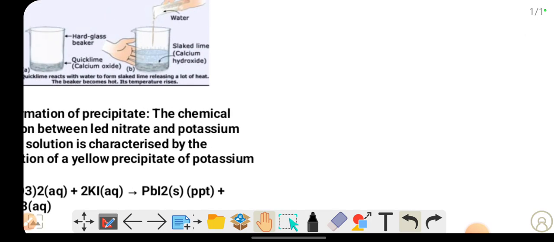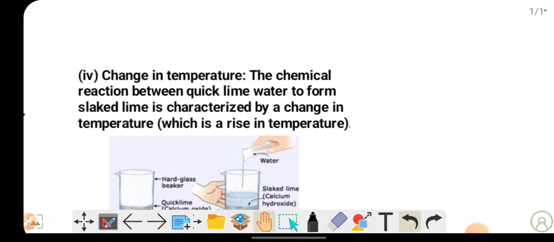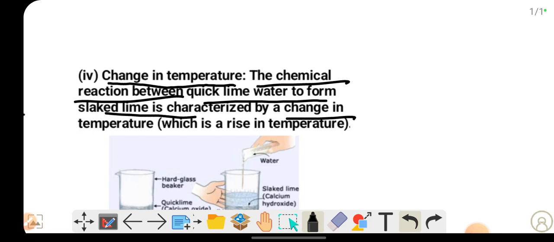So now we will move here. The fourth point is change in temperature. Okay, the chemical reaction between quicklime and water to form slaked lime is characterized by a change in temperature. This phenomenon you can observe at your home. Purchase some quicklime and dissolve it in a bucket filled with water.